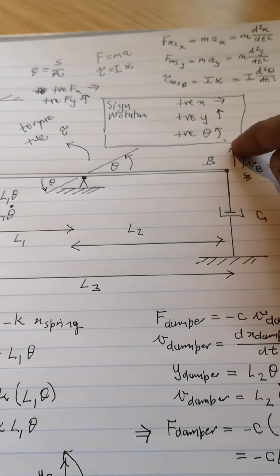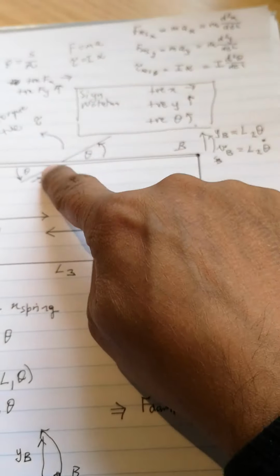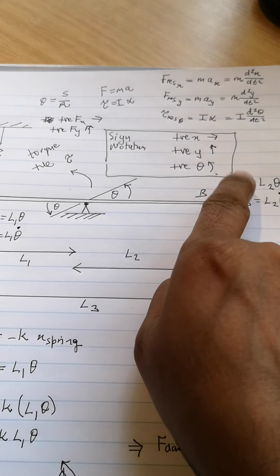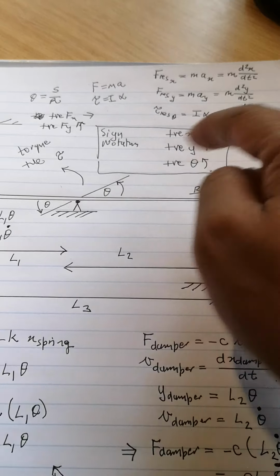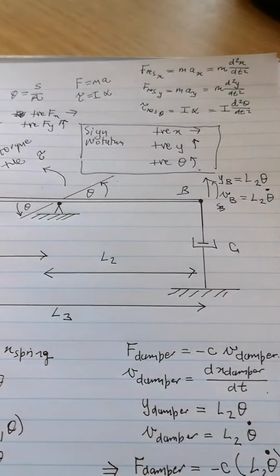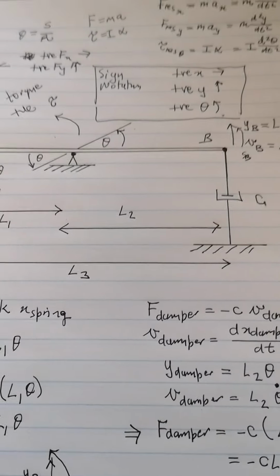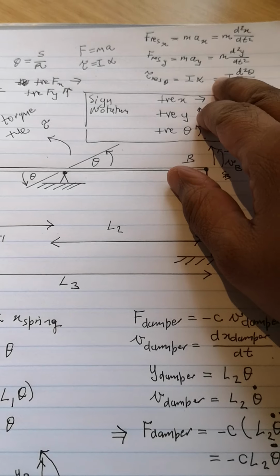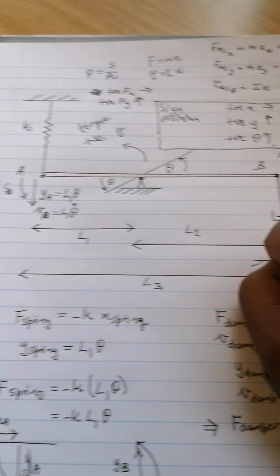If a vertical force is positive this way, I multiply it by this length over here, then that means the torque, because of an upwards force and this distance over here, would be going anti-clockwise. So the direction of the force would define the direction of the torque.